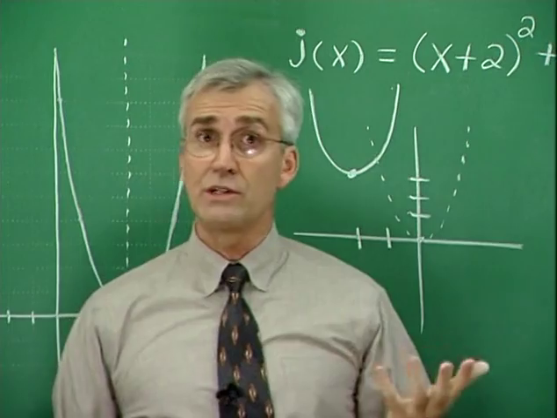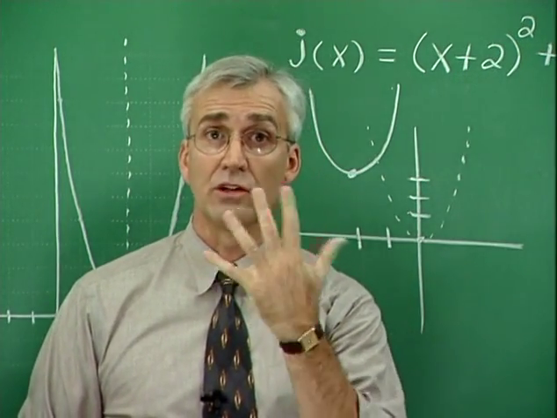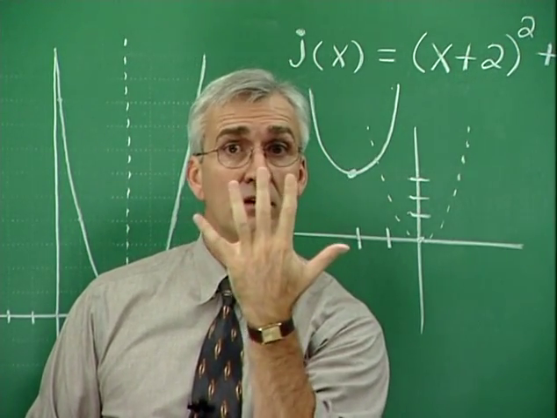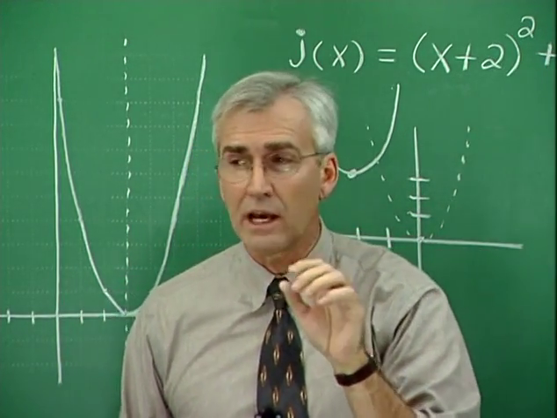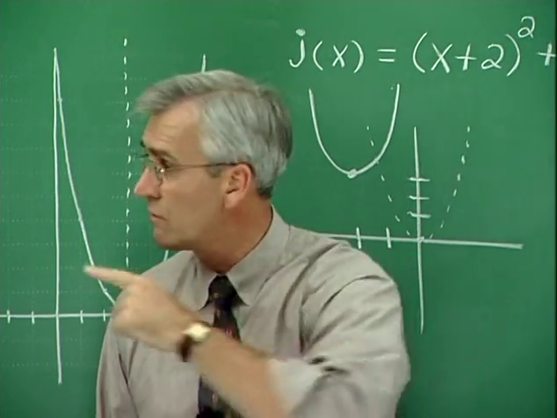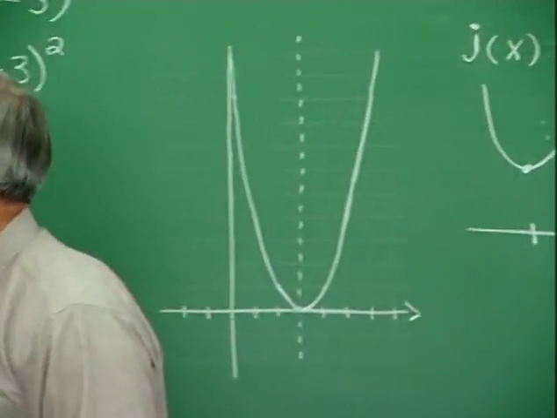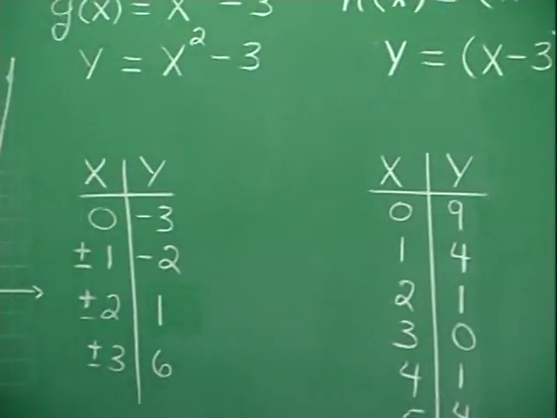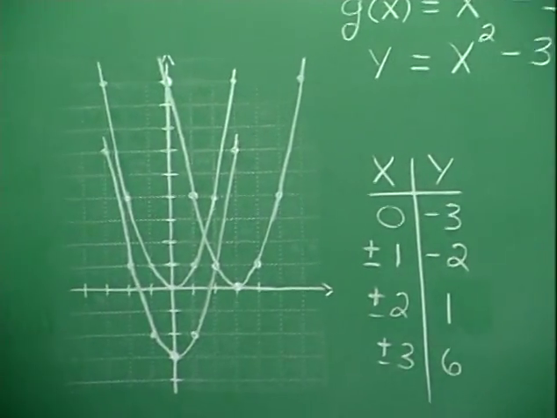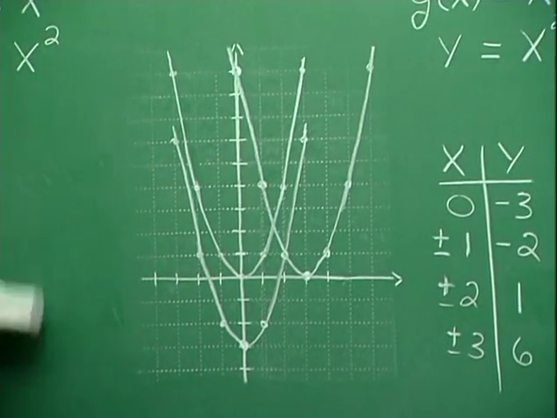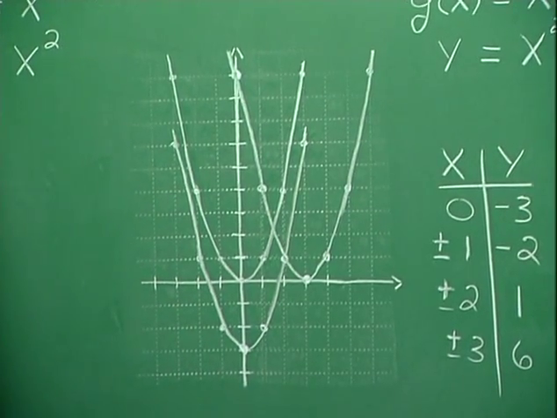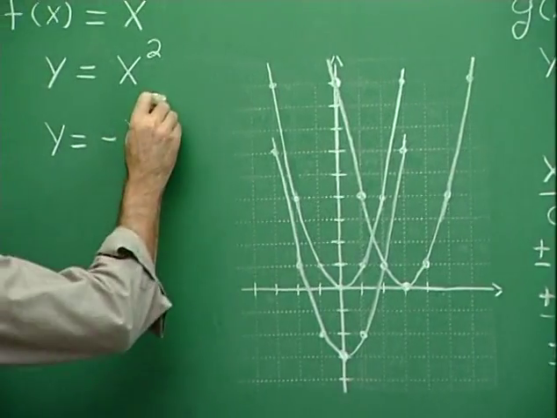There are a couple of other rigid transformations, and they are reflections. We can reflect like this, or we can reflect like this. Now, an example of a reflection like this for this one is like this. Come back over here and consider what would happen if I constructed the graph of y equals the negative of x squared.